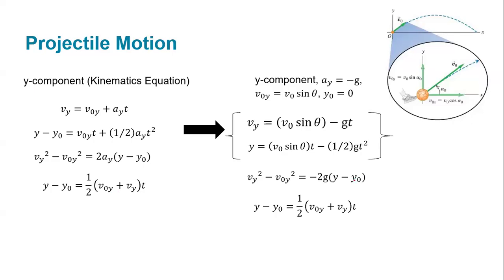Although these other equations can also be useful, the four equations, the position x and y, and v_x and v_y, are enough to answer all the problems involving projectile motion. By just those four formulas, you can already answer all the problems involving projectile motion.